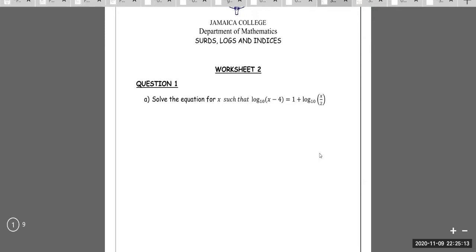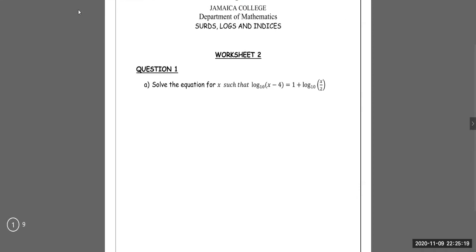Sir, log to base 10 of x minus 4. So would that be one equation? That x minus 4 is one value. Yeah. So we'd have to start working with log to base 10 of x over 2.